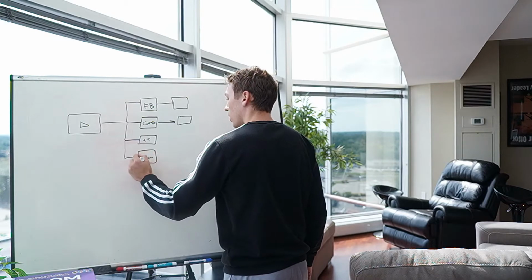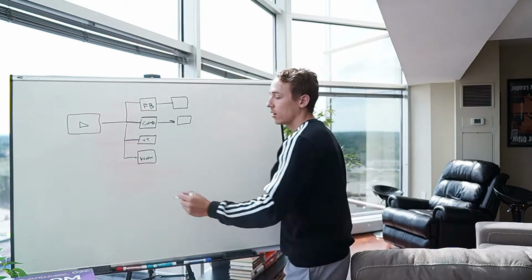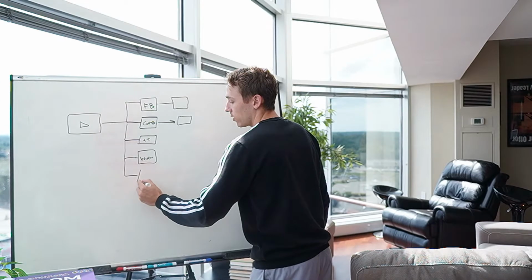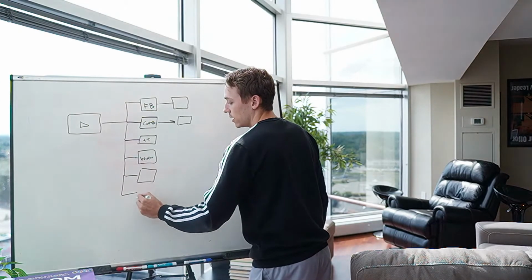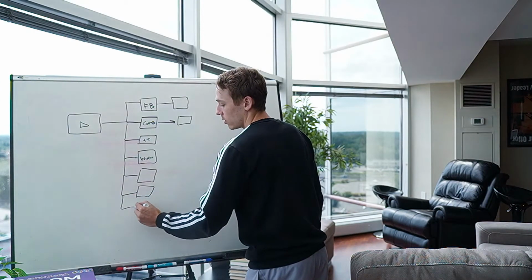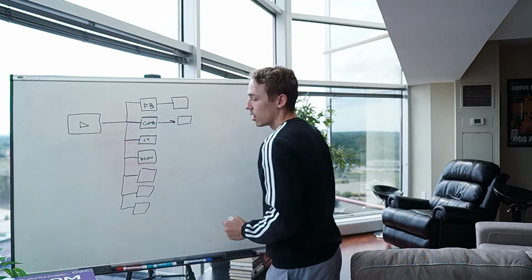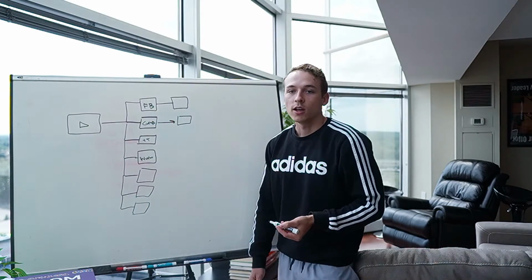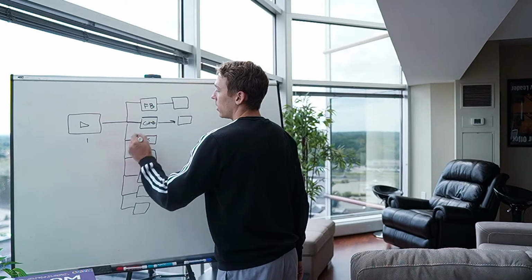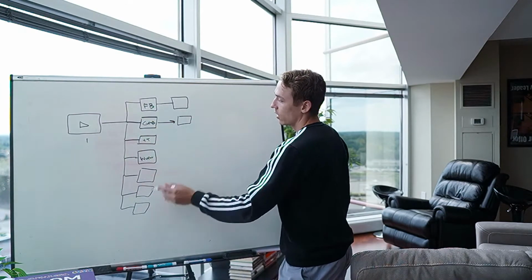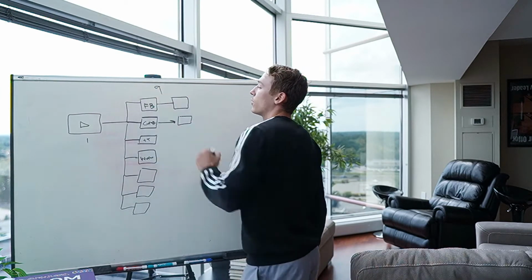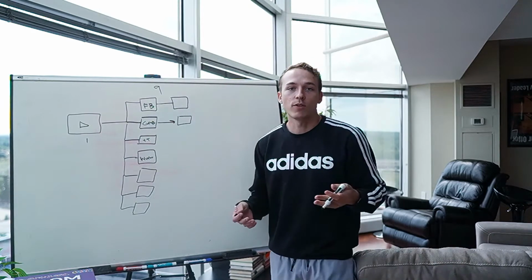What we're working on adding in is other channels like Instagram, LinkedIn, Twitter, even Snapchat. And so you have one video that becomes 1, 2, 3, 4, 5, 6, 7, 8, 9 different assets, and they go live all the time.